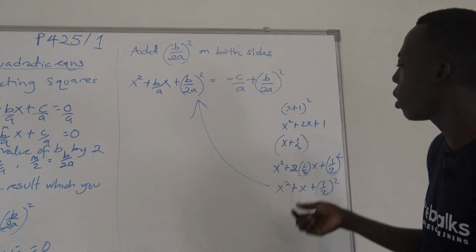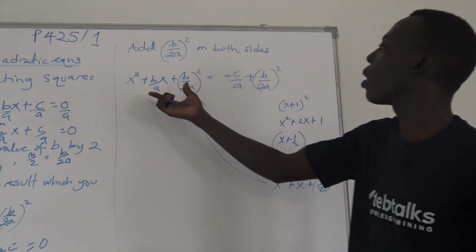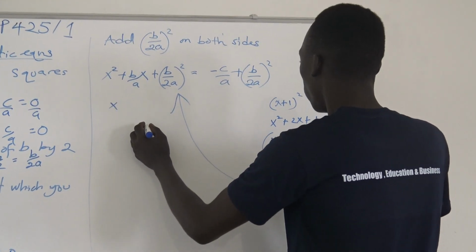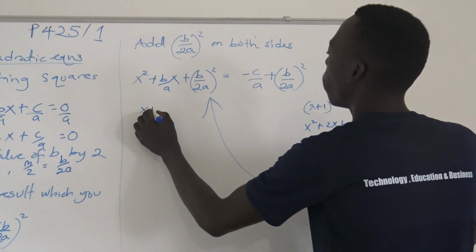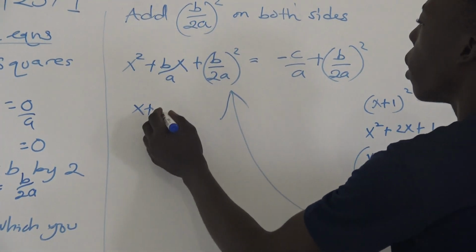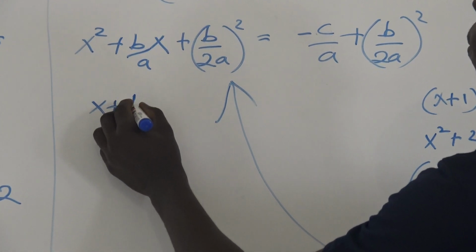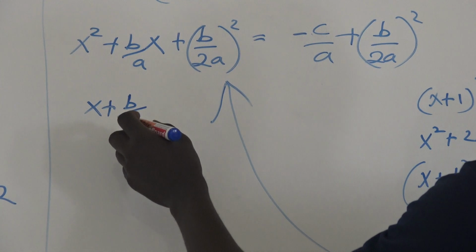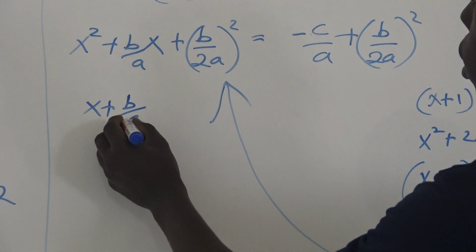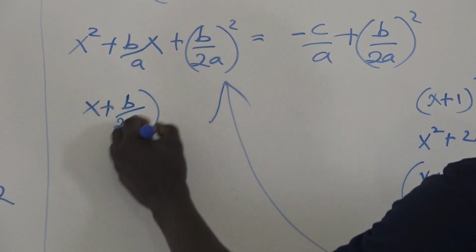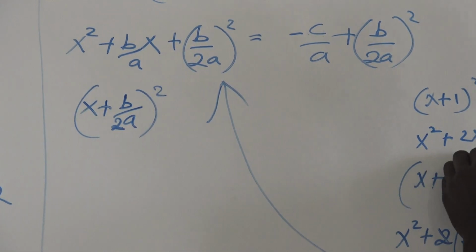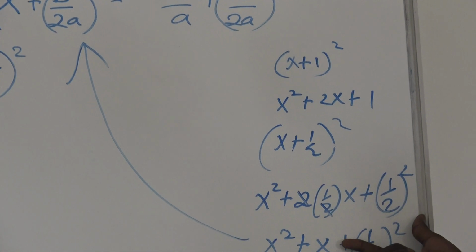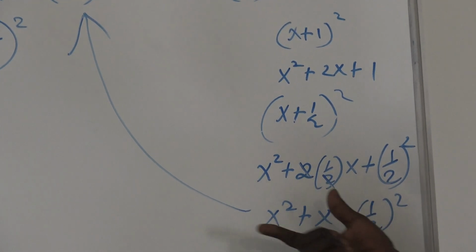So if you try to relate the two, you find that this one is an expansion of x plus b out of a, to be x plus b out of 2a by the whole thing squared. From what we have seen here, that when you square this one, we get something like this, then continue.